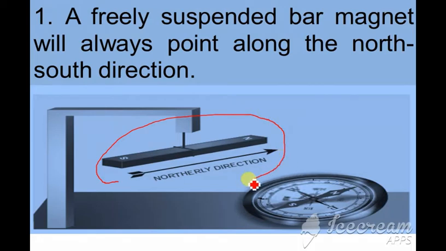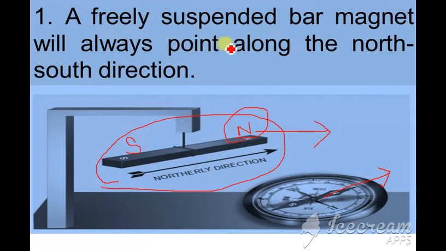Whenever you are suspending it freely, this is the magnet's north and this is the magnet's south pole. Always this north pole faces towards the earth's magnetic field. Where the earth's magnetic north pole is, in that direction only this north pole will be.